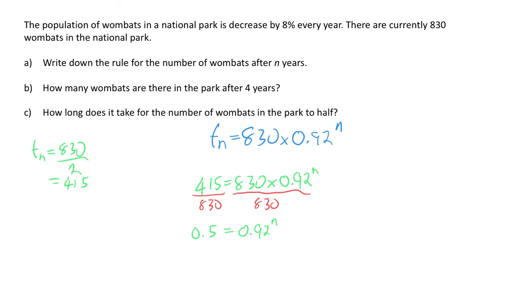So now that I've got to this point, I can go ahead and start substituting in values for n to see which value is going to get me a value of 0.5. So I'm going to start off with n is equal to 6, so 0.92 to the power of 6 equals 0.606.